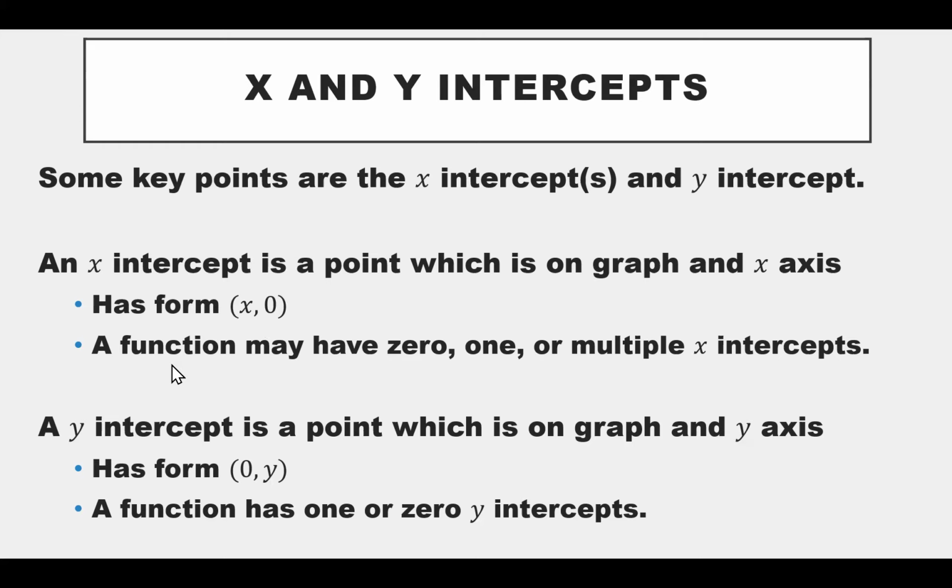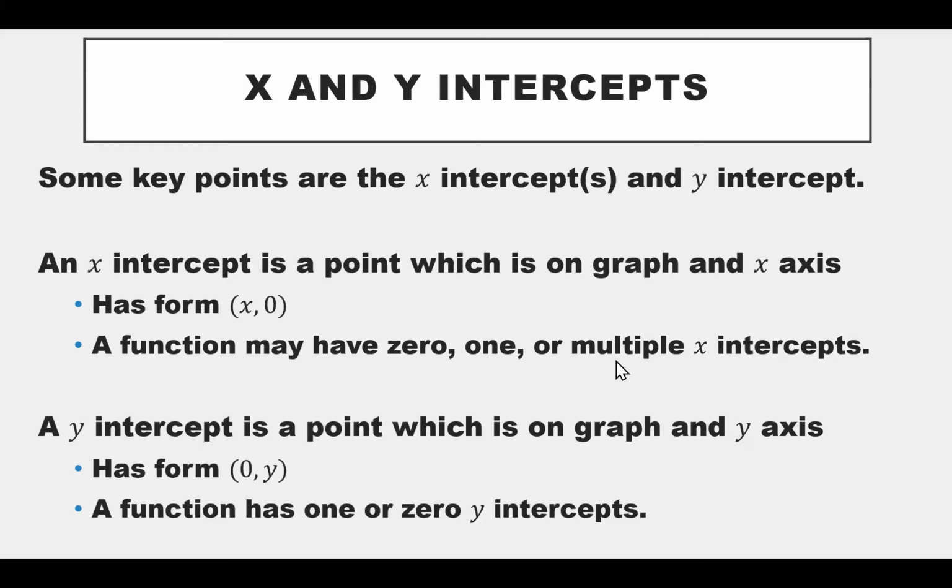A function can have no x-intercepts. It is possible for a function never to cross the x-axis. It's also possible for a function to cross the x-axis once.